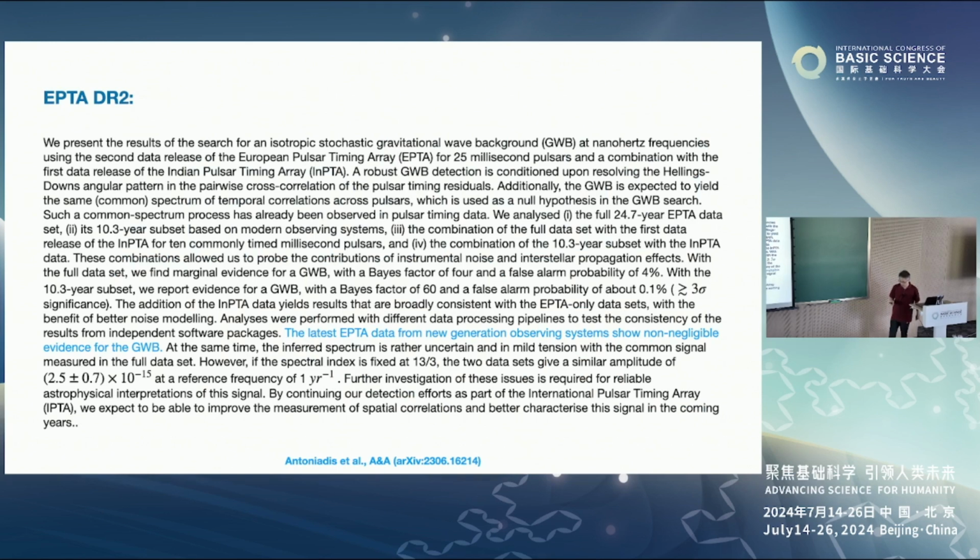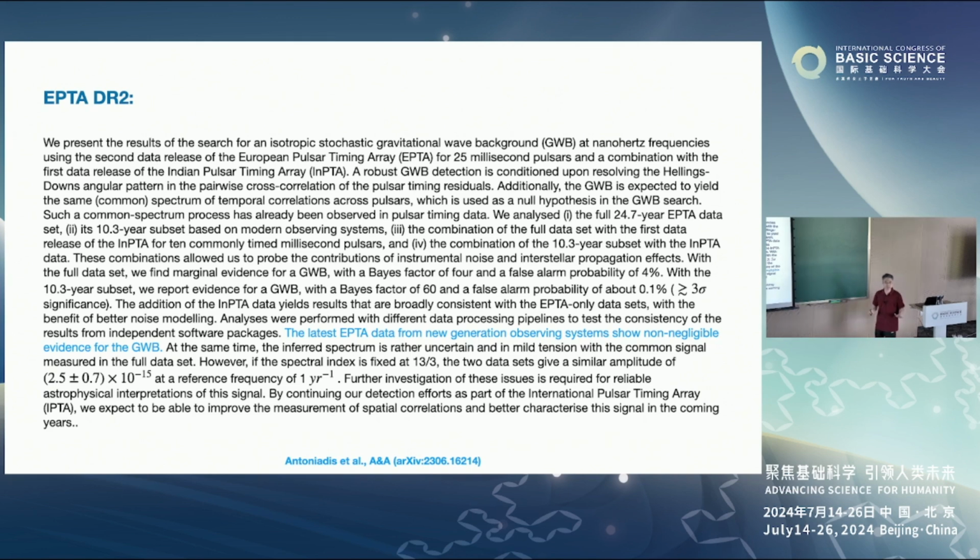And let's see what the EPTA claims. They did some interesting data analysis. In total, they have around 25 millisecond pulsars, and the full observation is 24.7 years. But they separated the full data into two parts. One is the full 24.7 years data, and they also have 10.3 years of new observation data.